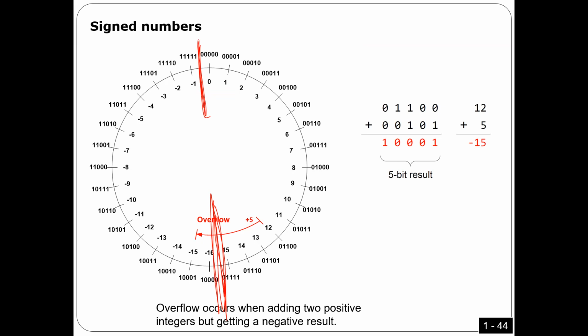If you add something here and it's still here, you are okay. But when you cross the boundary, for example 12 plus 5, I'm going to get negative 2, which is wrong. You crossed the boundary. You can see I added a positive number to a positive number and got a negative number. Any questions?